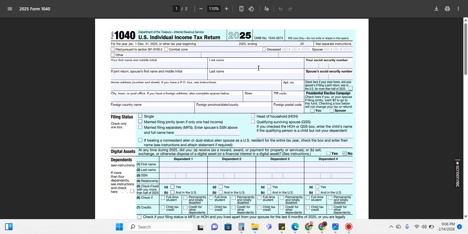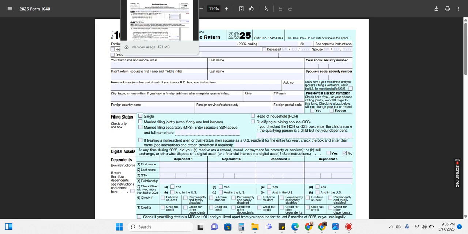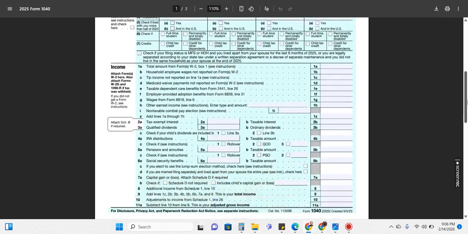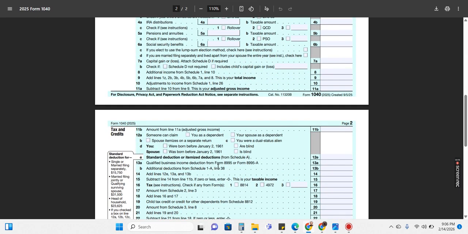I'm going to teach you about Schedule 1A. This is a new schedule. You definitely need to calculate the amount on line 13B, and in order to calculate 13B, you need to calculate up to line 11B.